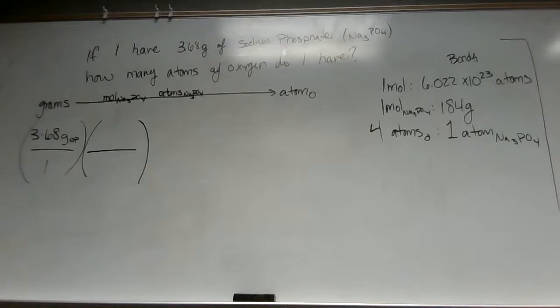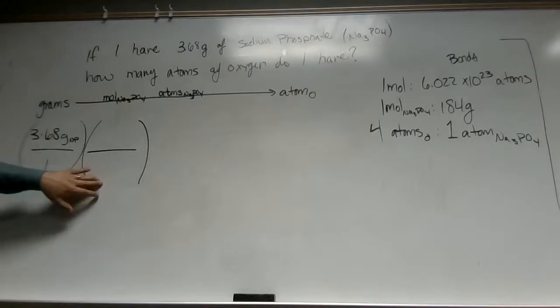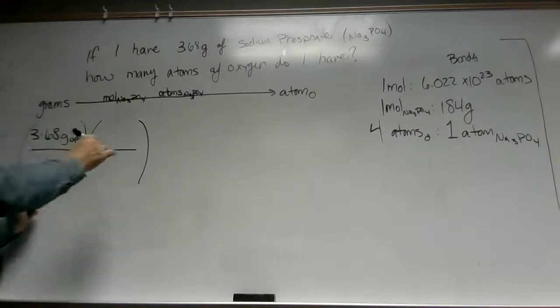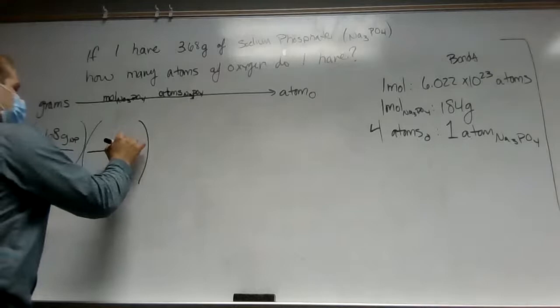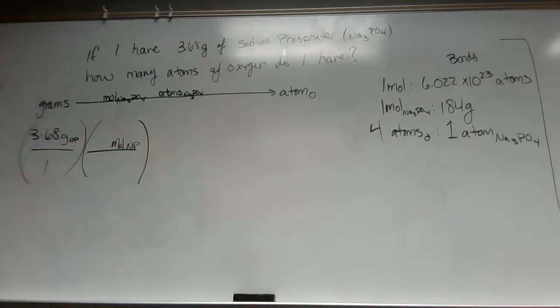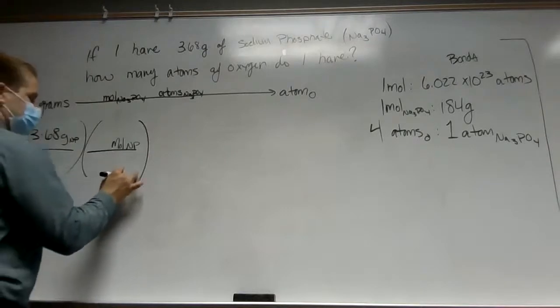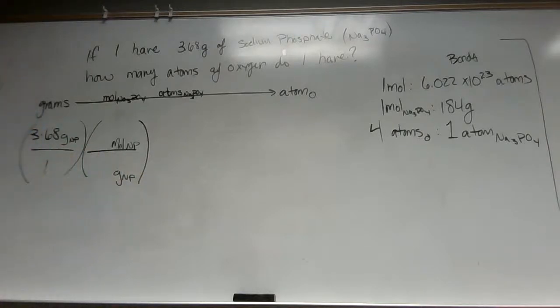What unit do we want to end up with after we're done with this step? Moles of what? Moles of sodium phosphate. And we want to cancel our grams. Does that make sense? So grams cancel, and we'll be left with moles of sodium phosphate.